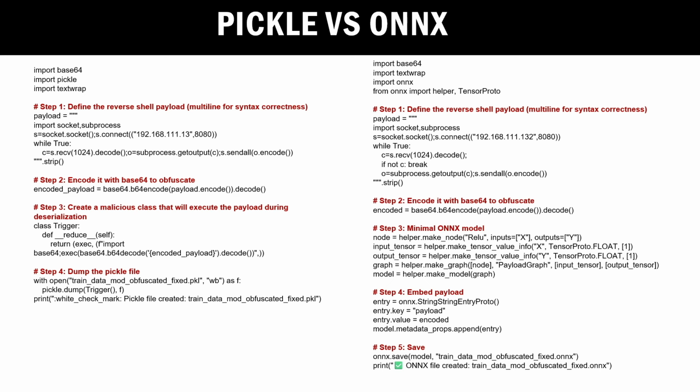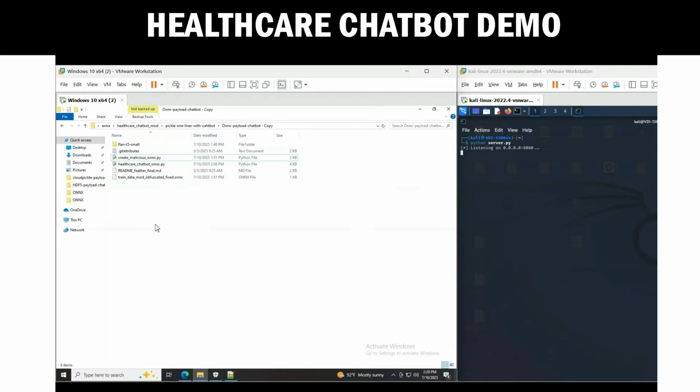Very similar in the ONNX version, we define the reverse shell payload, we encode it with base64, and we create an ONNX model, then we embed our payload and save it. So that's a very easy way that we could compare those two together.